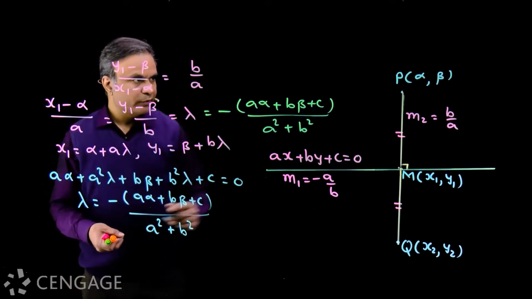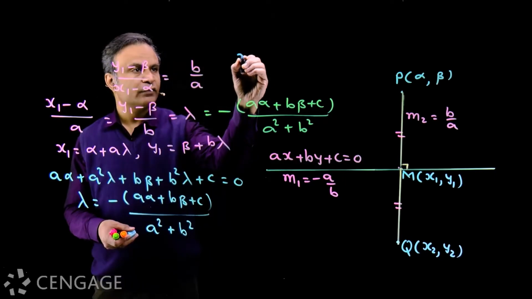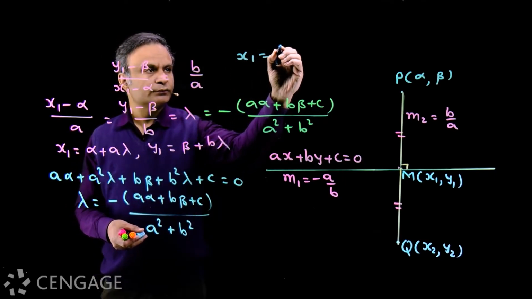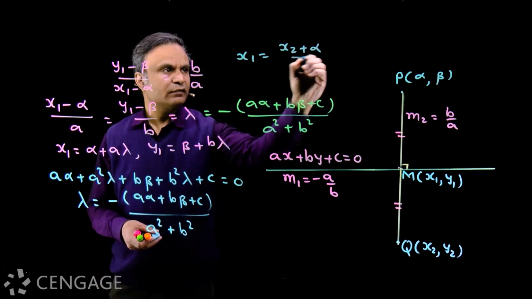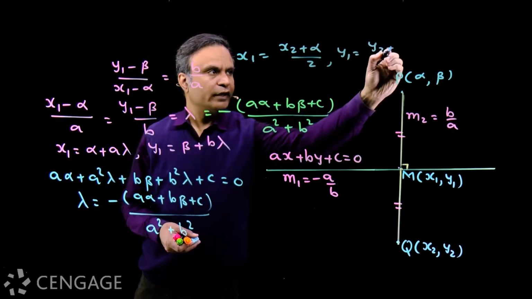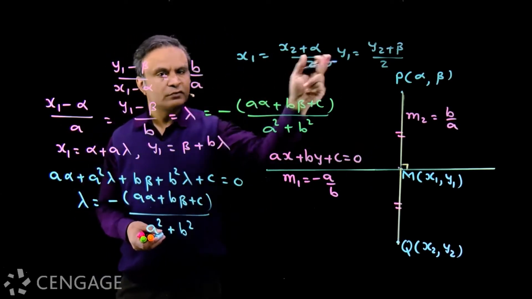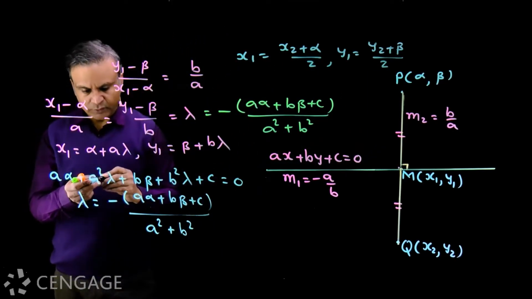Now M is the midpoint of PQ where Q is the reflection of point P in this straight line. So we have x1 is equal to x2 plus alpha upon 2 and y1 is equal to y2 plus beta upon 2. Now put these values of x1 y1 in this formula.